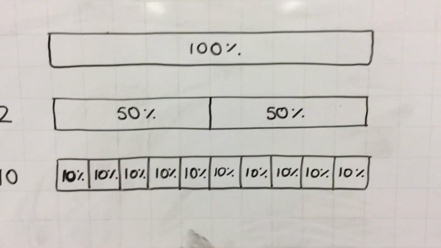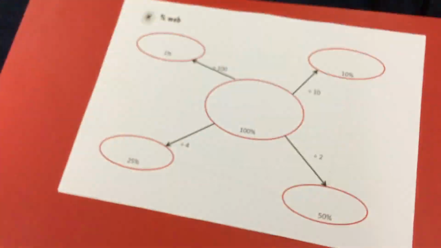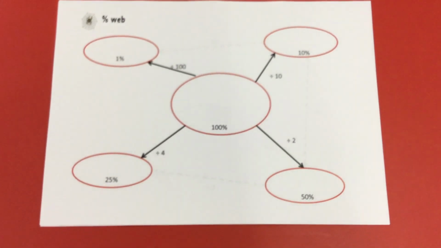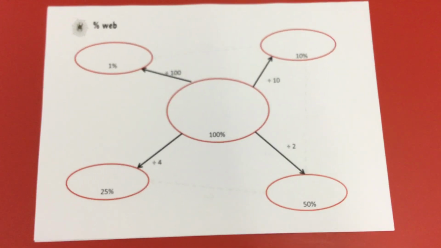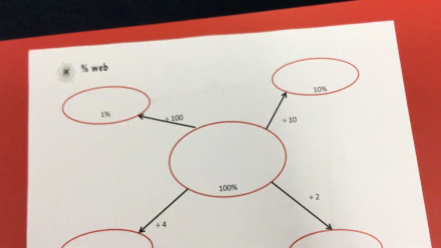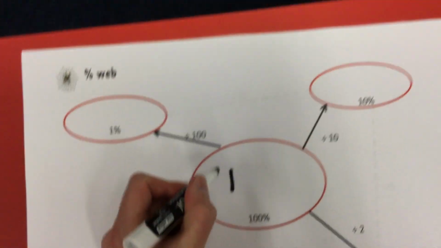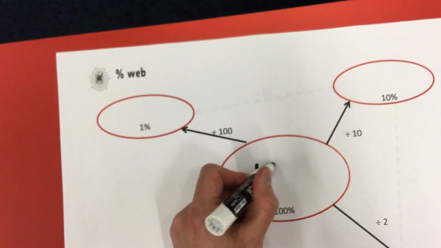So percentage webs, I'm going to go over to one of the blank sheets now, across to the table. Here we have a blank percentage web. Okay, so we can have our number in the middle, any number we like. Let's just choose the number 180.